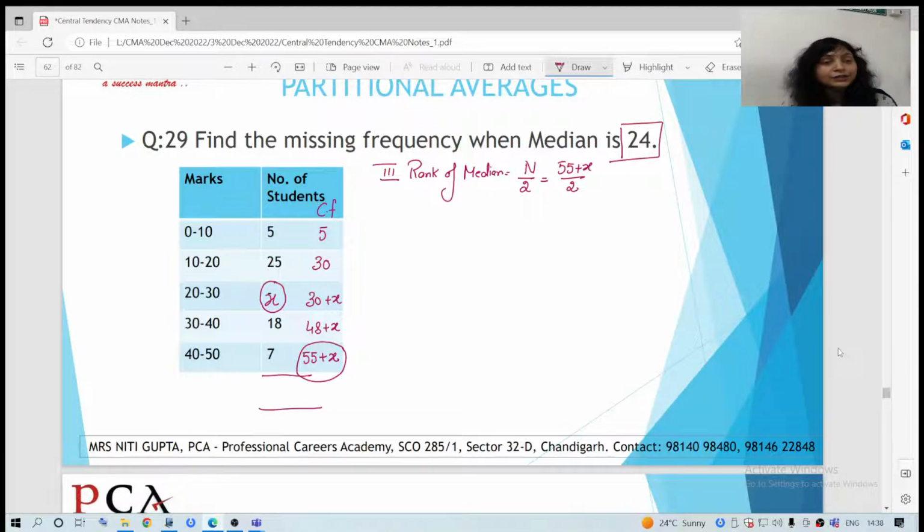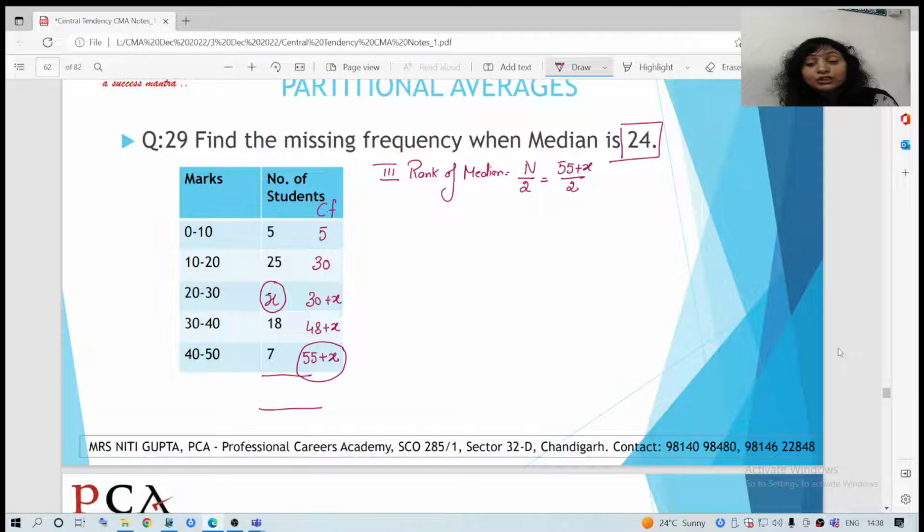In the earlier questions, when there is no missing frequency, the rank helps us identify the class interval in which our median lies. But here the rank is not complete because it's 55 plus x and we don't know the value of x. So rank won't help us in identifying the class interval in which our median lies.